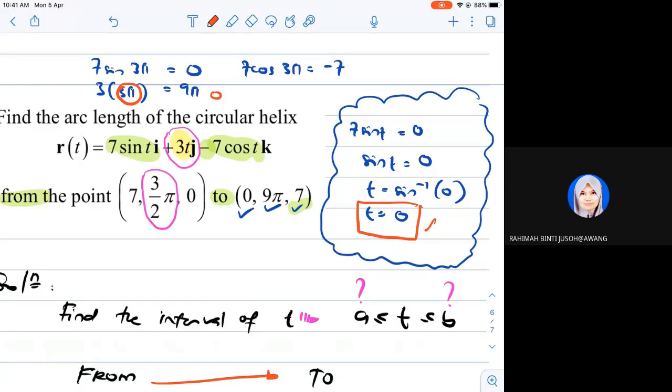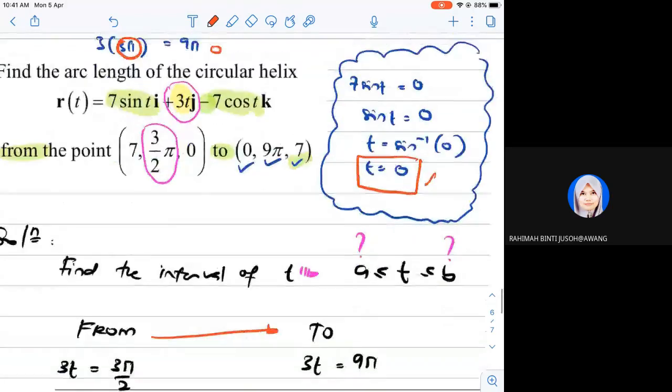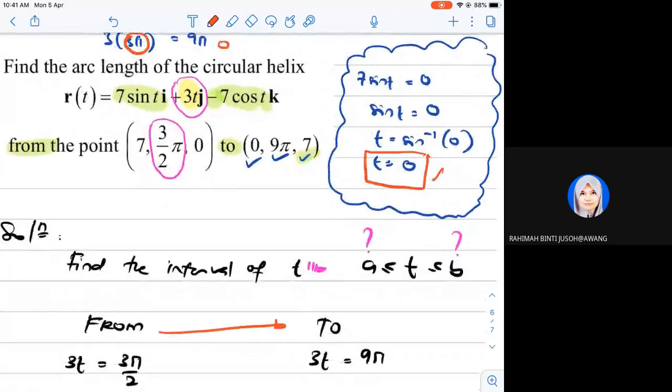Faham tak? Sebab kalau you pilih T equals to 0, you tengok tadi pi over 2 betul lah. Kalau you pilih sin tadi, you akan dapat pi over 2 until 0 macam gini pula. Okay, which is benda ni wrong. Sebab T equals to 0 tak valid untuk 3T ni. Sebab 3 kali 0 sepatutnya kat sini jadi 0, bukan 9 pi. Understand?